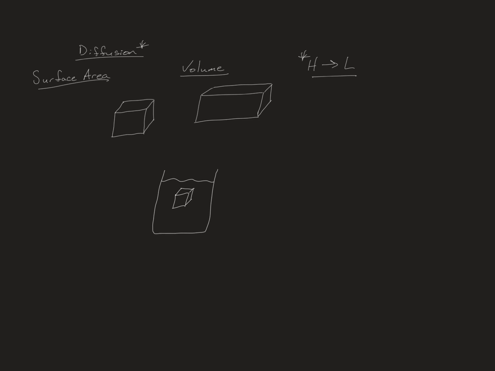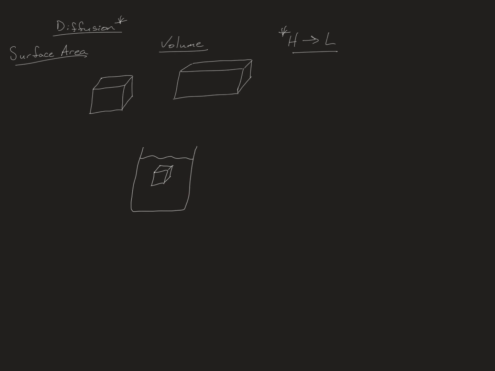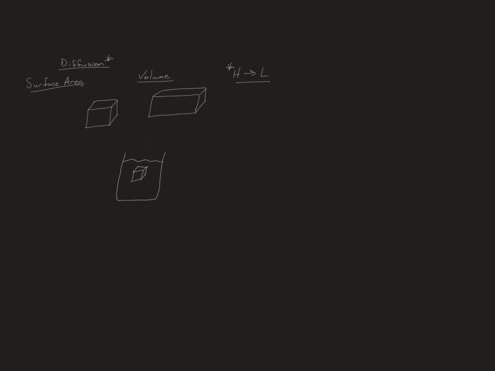All right, so when you're looking at diffusion, if you want to know how fast something diffuses, why is it important to know how quickly things diffuse? You've got these things called cells, correct?